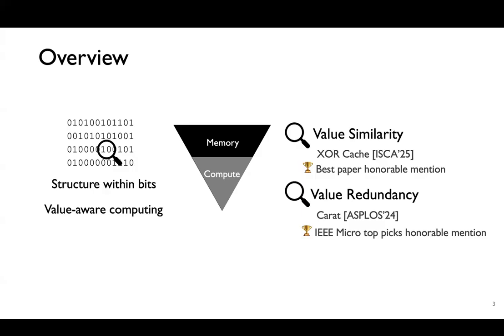By pairing those similar lines and storing their bitwise XOR, we can catalyze compression by reshaping the data into a more compressible form. This is our XOR cache work, which received a Best Paper honorable mention at ISCA 25.